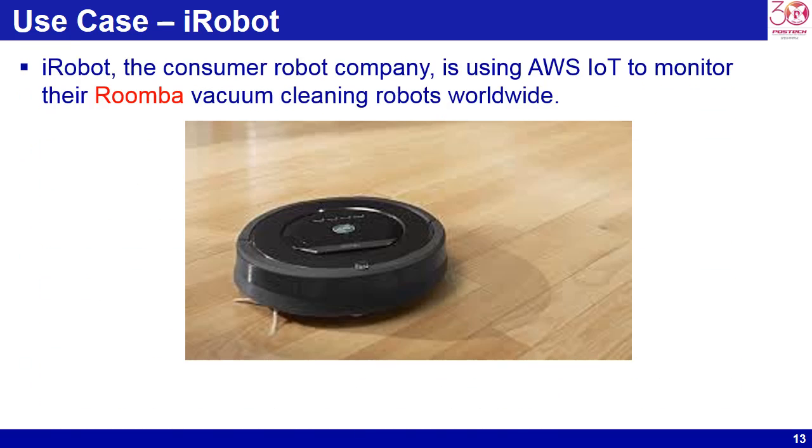The next use case is iRobot. iRobot is using the scalability, global availability, and breadth of the AWS ecosystem to support its vision for how their Roomba vacuum cleaning robot will enable the smart home of the future. iRobot, the consumer robot company, has sold more than 15 million home robots worldwide. iRobot's innovations leverage a broad range of AWS products for IoT, compute, mobile services, analytics, storage, databases, platform management, and networking activities.